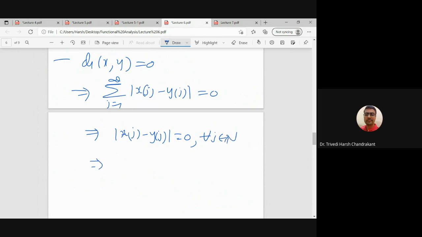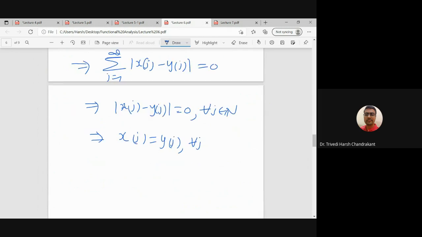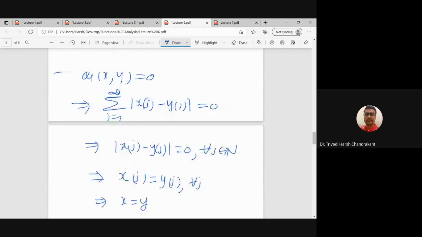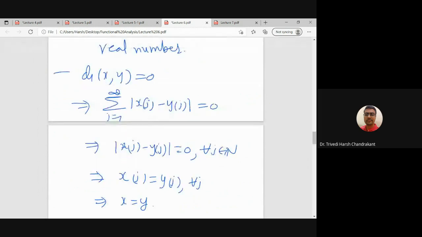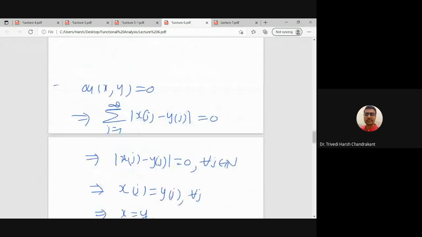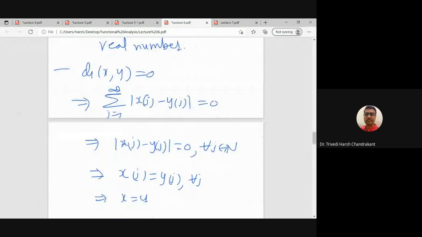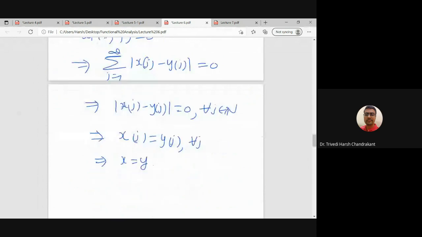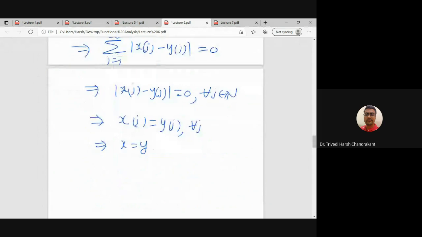So that will give us xj is equal to yj, and that means x equals y. So d1 of xy is 0 means x is equal to y, and if x equals y, then d1 of xy is 0, right? And the last property, triangular inequality, we need to check for the d1 metric.